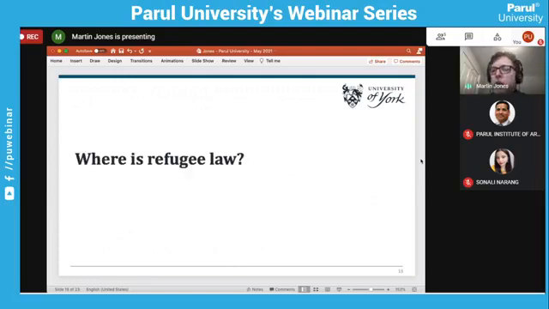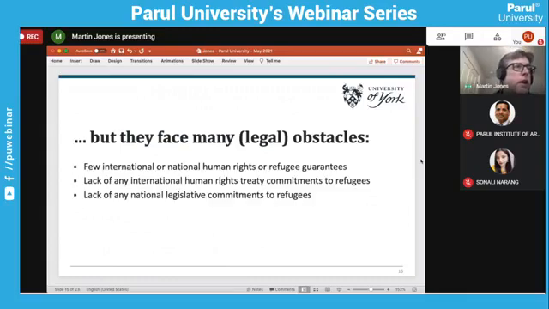But where is refugee law in this situation and in this story, given what I've already told you about this place, Aceh, is it's a place where there are few international or national human rights or refugee guarantees. Indonesia is one of those red states. Aceh is one of its northernmost provinces, the northern tip of the island of Sumatra.